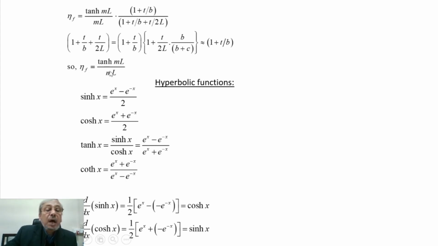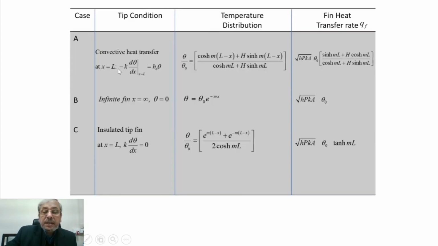So this is what we wanted to say. These are the simple fins which have uniform cross section. We can have three cases. End condition is defined by convective heat transfer condition. End condition temperature tends to ambient temperature, where the fin is so long.